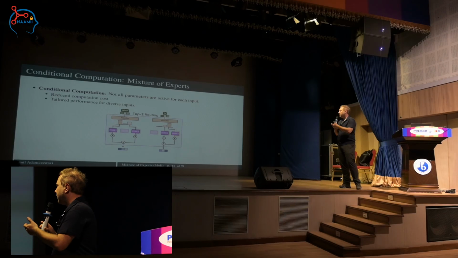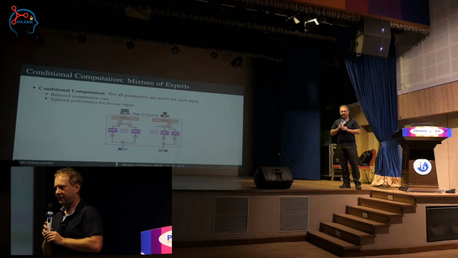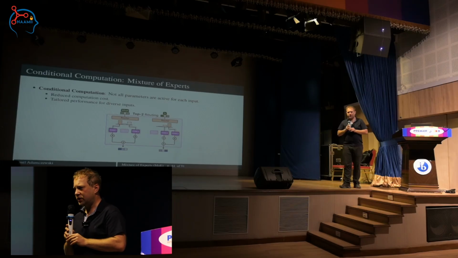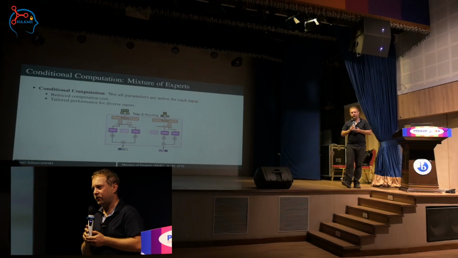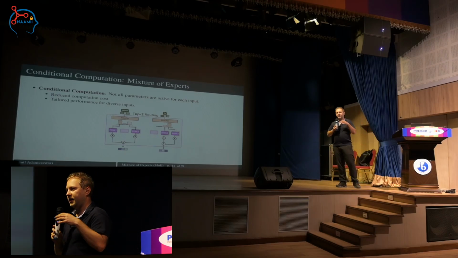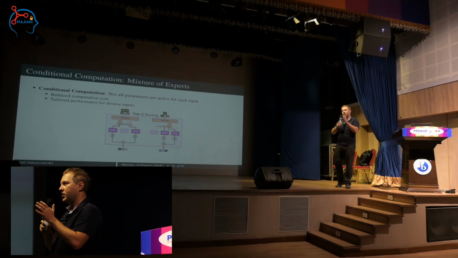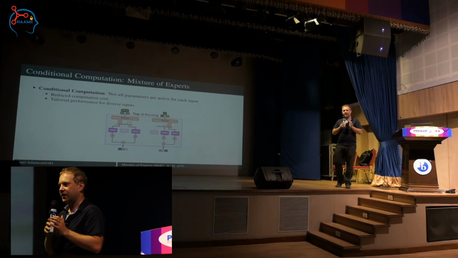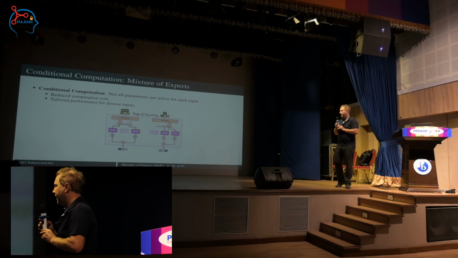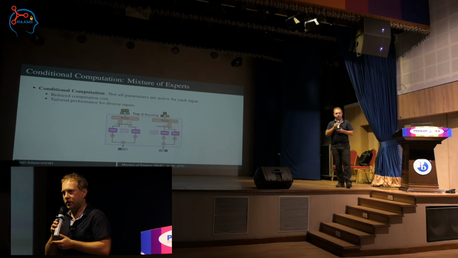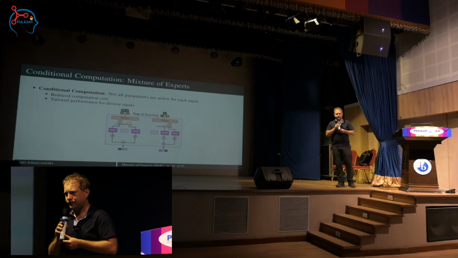And then for the token "is", we will activate second and third. Which is quite cool when you think about it, because the network adjusts to the input. And the network allows us to conditionally select parts of the model based on the input. And this is the paradigm called conditional computation.